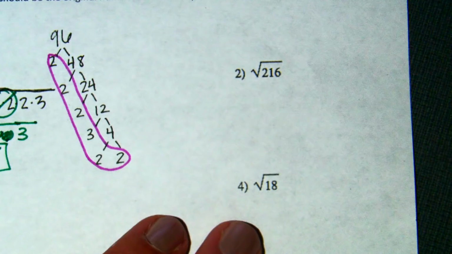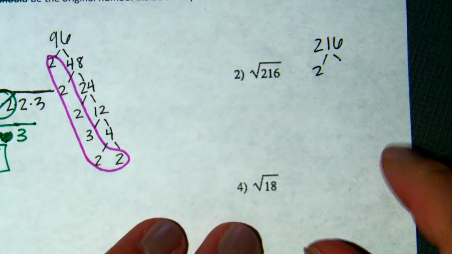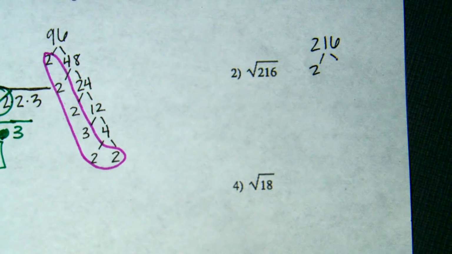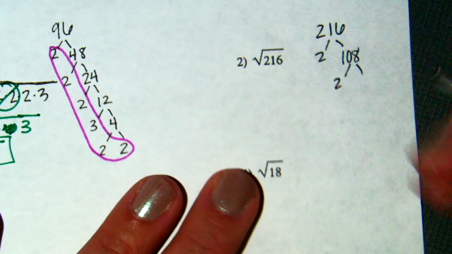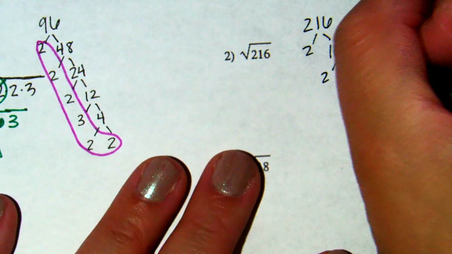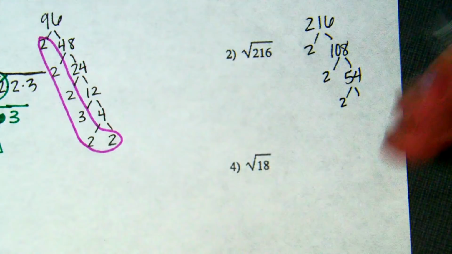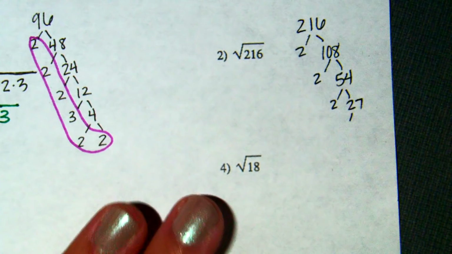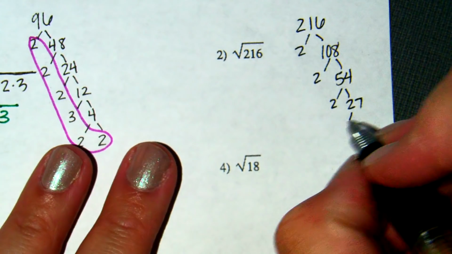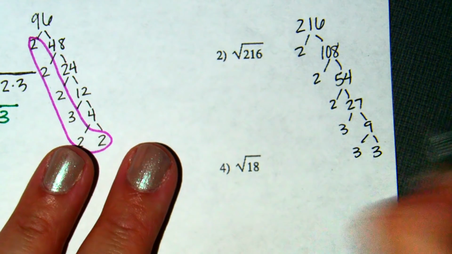Okay, so 216 is even. 108 is also even. 54 is even. 27 is not. 27 is definitely odd, so let's see if it's divisible by 3. It is. And 3 and 3.